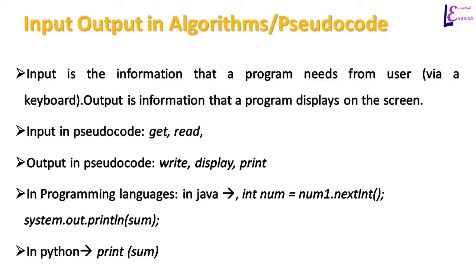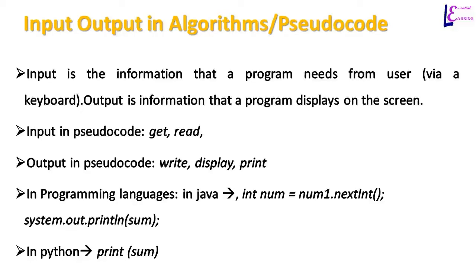In computer programs, input is provided through a keyboard or some input device and output is returned to some display device. In computer programs, we have to write specific statements to get the values from the user and show output. In pseudocode, words used for input statements are get and read, and for output statements, write, display, and print are commonly used.